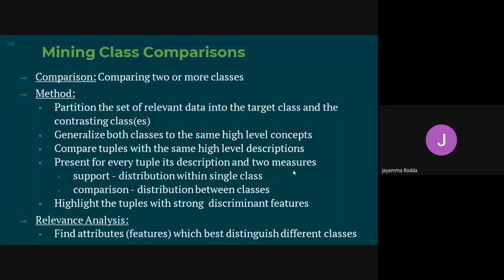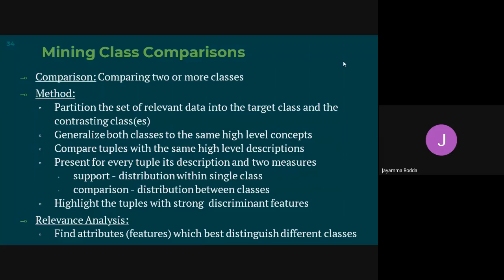For example, if you are taking three classes, person, address and item, they are not comparable because person is different, address is different, item is different. Likewise, if you are taking two classes, they should have the same type of attributes. They should have similar features.